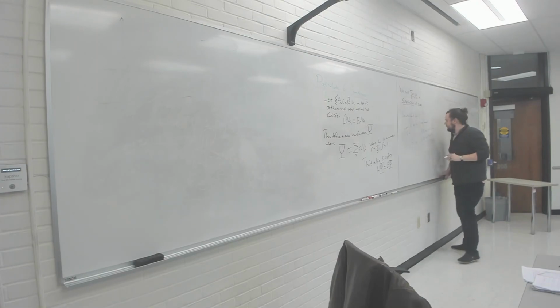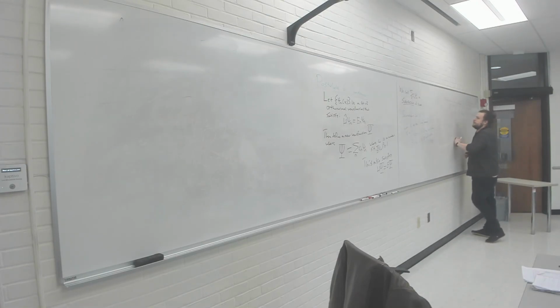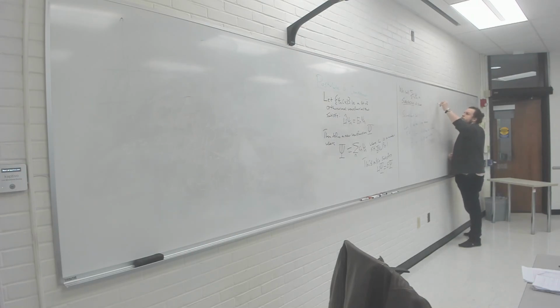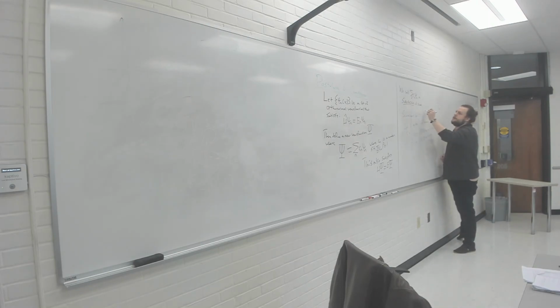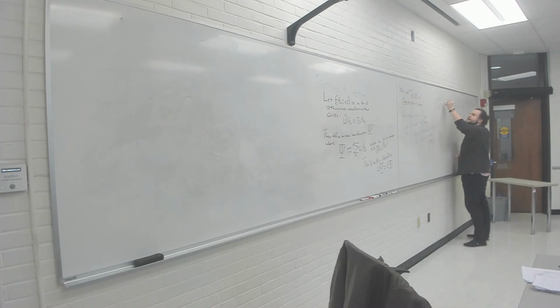We have a wave function psi. Because our cat is a quantum mechanical system, our wave function for our cat is actually a sum of our alive cat wave function plus our dead wave function.